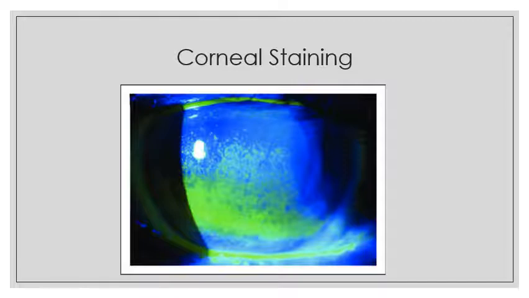Ask the patient to blink and use the blue light to examine the cornea. Areas that appear green by the blue light are these areas devoid of corneal epithelium.